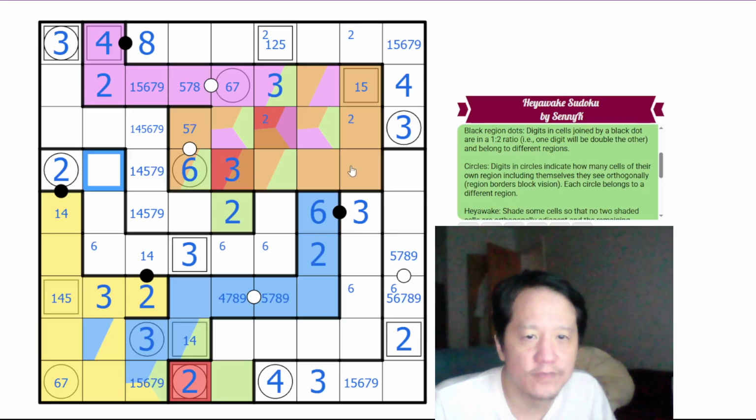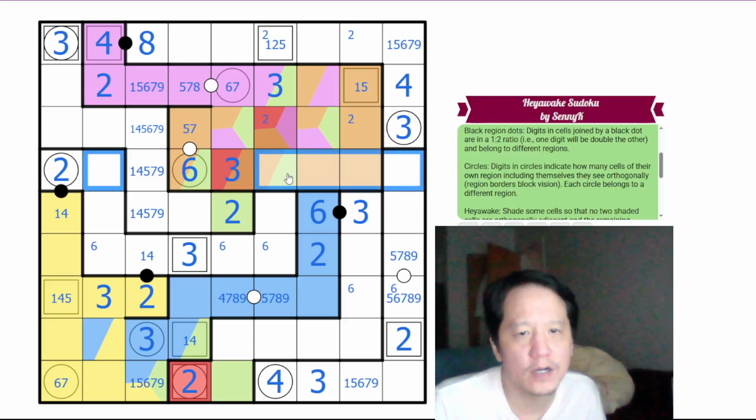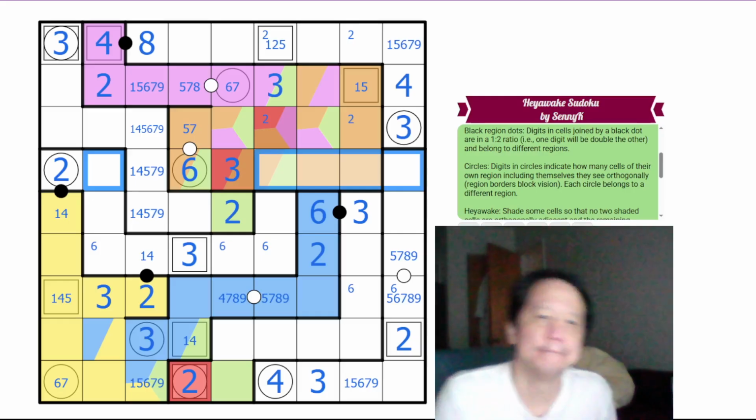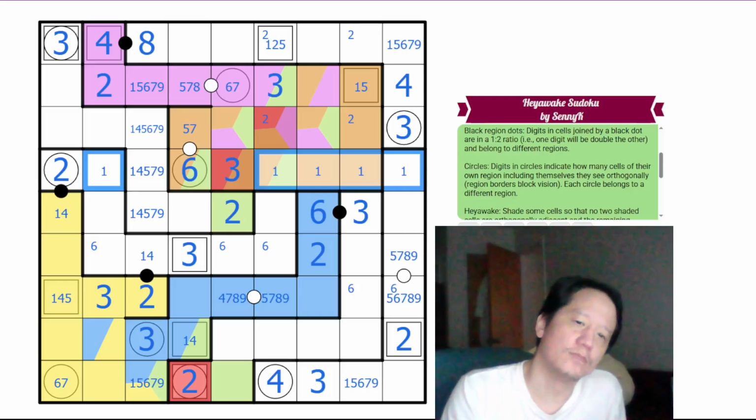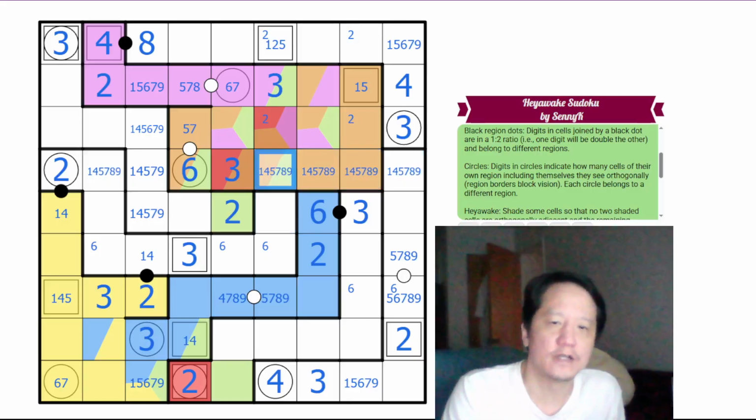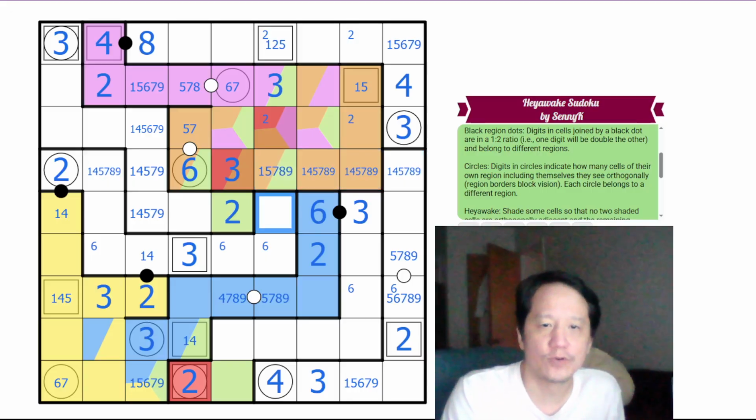Remaining digits of row, let's do 4. 1, 4, 5, 7, 8, 9. No 4 here. No 4 here. No 4 here.